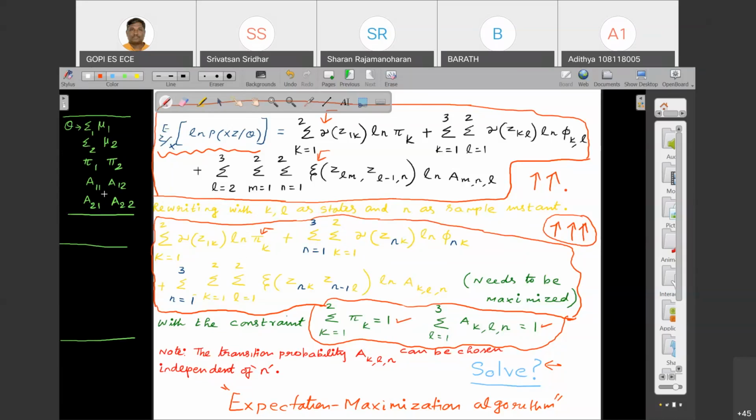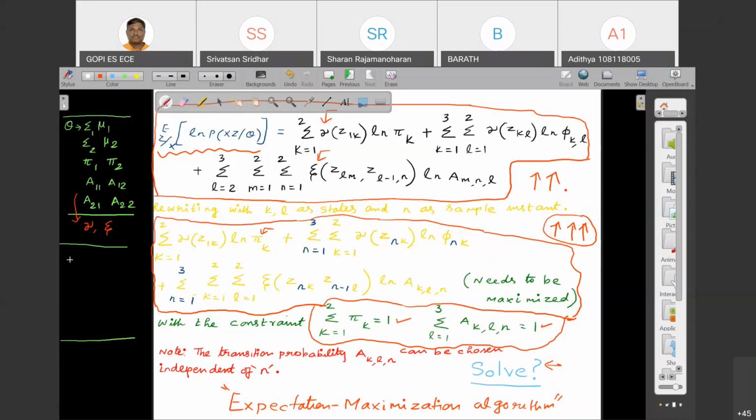The important thing is, you get these in terms of gamma and zeta. After doing this differentiation and setting it equal to 0, you get an expression in terms of gamma and zeta. That is the problem. So what we have to do is find the expected value of gamma and zeta.